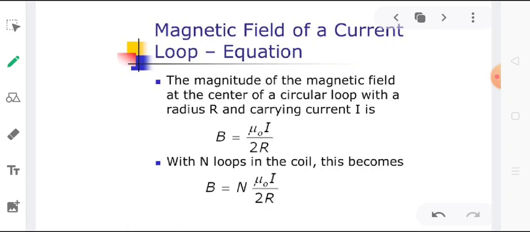So we will be ending today's session at this point. In our next class, we will continue studying the magnetic field due to different current carrying conductors. In that, I will be focusing on the magnetic field created due to a solenoid, how it is similar to that of a bar magnet, and what the practical applications of a solenoid are.